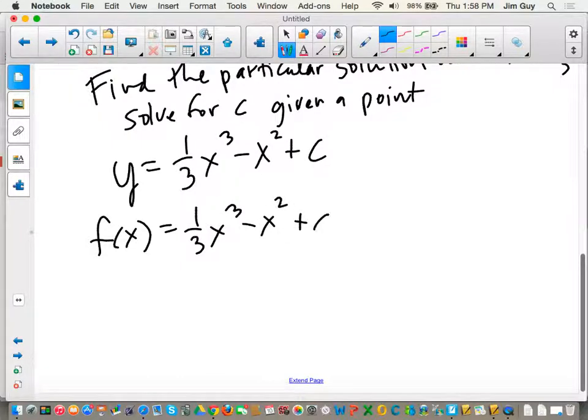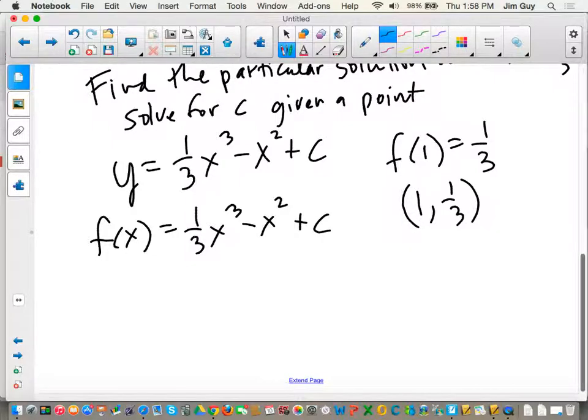That's all equivalent. And if they say f of 1 is 1/3, that's the same thing as saying the point 1 comma 1/3, all meaning the same thing.